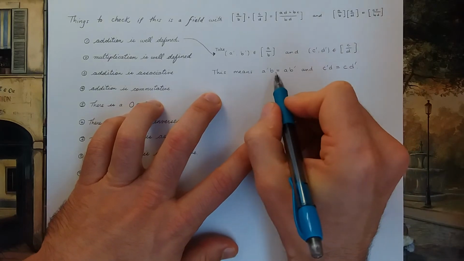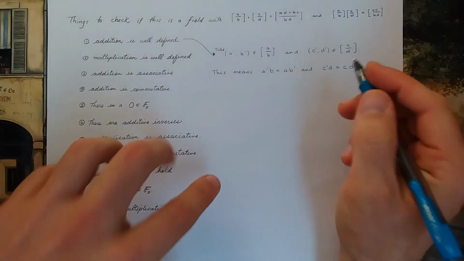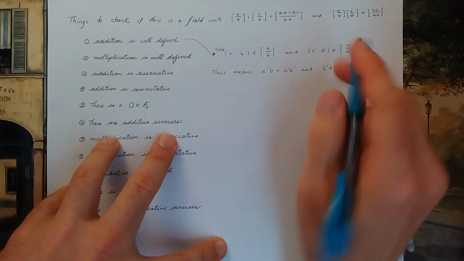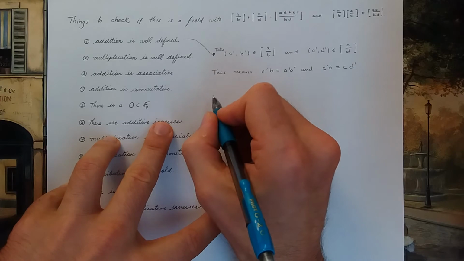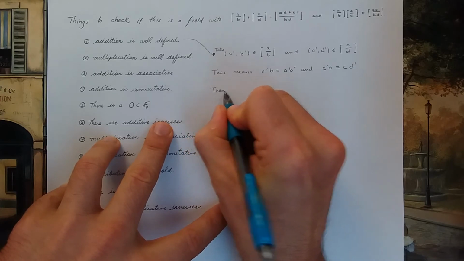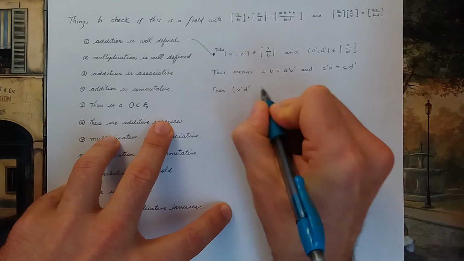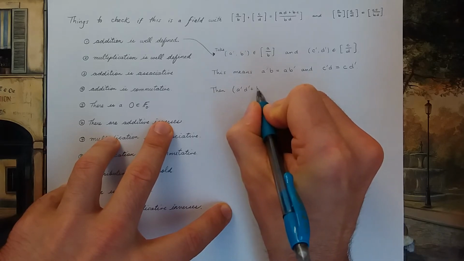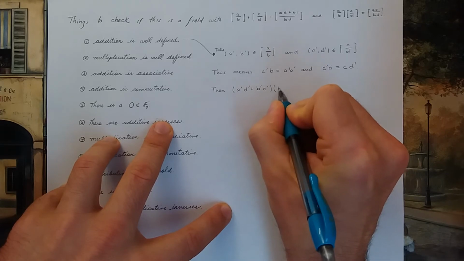So the way to remember the equivalence relation is just to pretend like these are fractions and then cross multiply, if you will. So then watch this. What happens if I take a look at A prime D prime plus B prime C prime times regular BD?